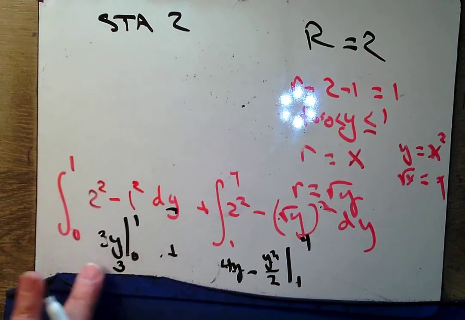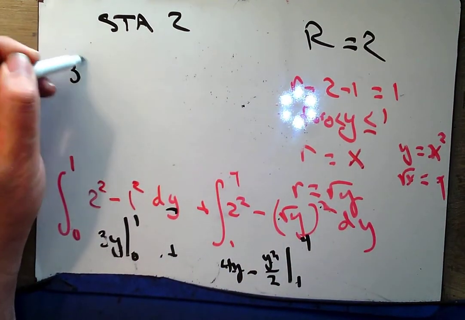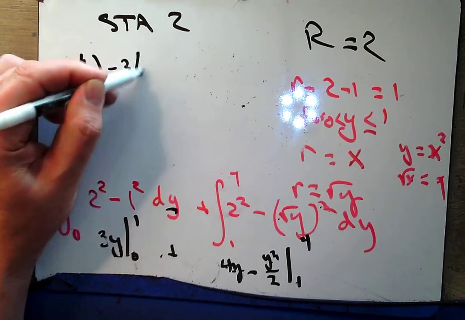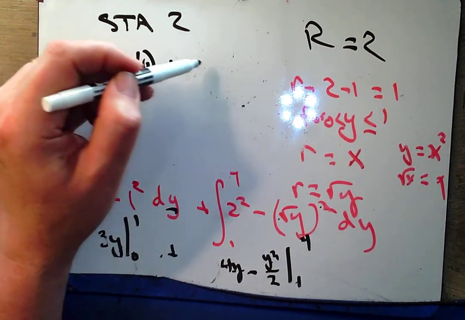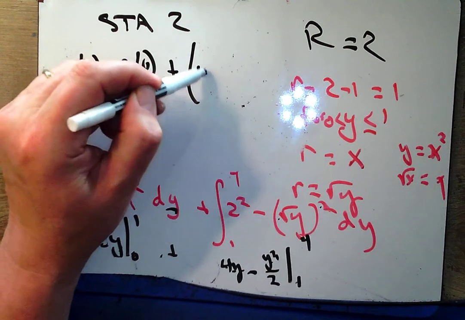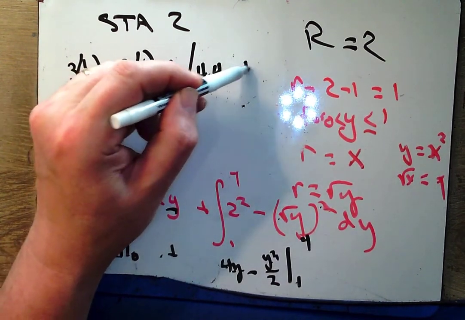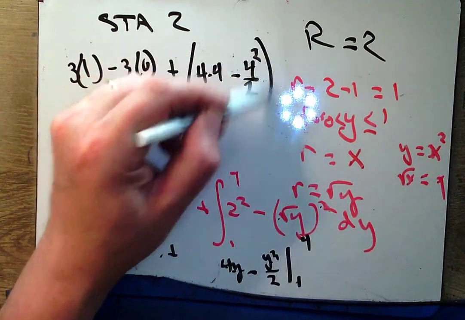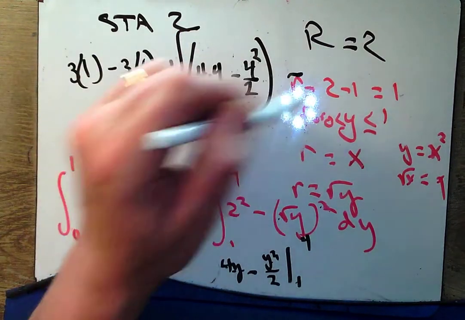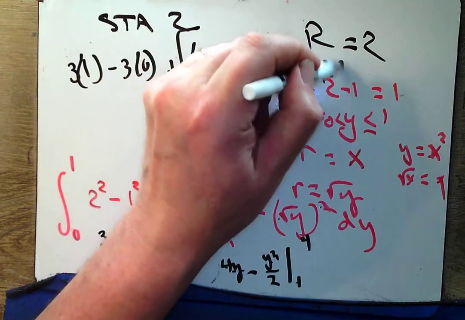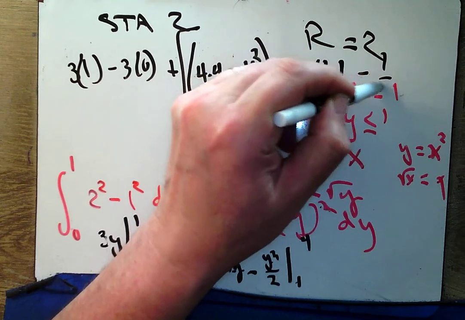Let me do that again. So 3, 1 minus 3, 0 plus 4 times 4 minus 4 squared over 2 minus 4 times 1 minus 1 over 2.